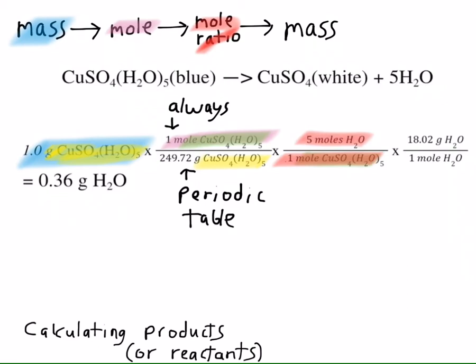Steps are mass, mole ratio, mass, so we're on the mole ratio step. So this whole thing is the mole ratio. These numbers that go in the mole ratio are not always 1, you have to find them. So you match up the chemicals. This one is CuSO4·5H2O, so you find that one. That's one of those, and you find the water. That's 5 of those. That's why the numbers are 5 and 1.